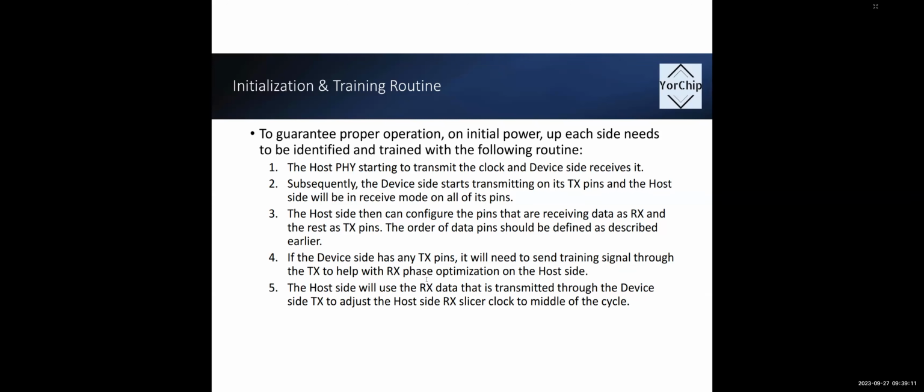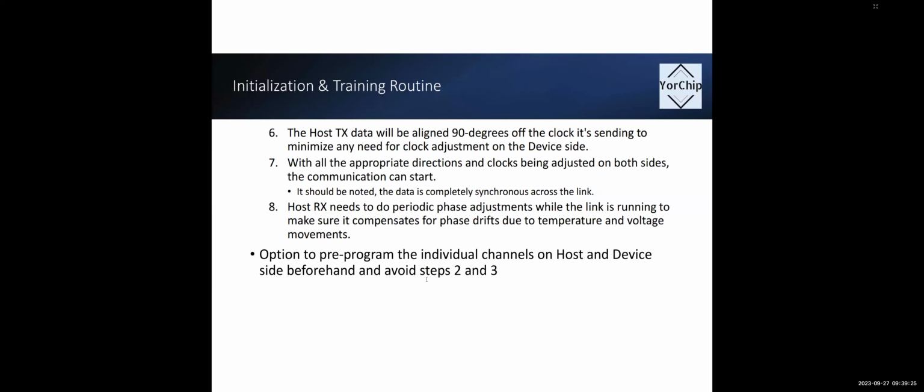I will get through this, but basically in the initialization, our host side will use the RX data to transmit to the device to adjust the host RX slicer clock to the middle of the cycle, which means some sort of phase interpolator will be involved. I have it here that the host side will align the 90 degree of the clock it's sending to minimize any need for clock adjustments on the device side. We're assuming the device side will take care of any mismatch it introduces itself, which is a reasonable assumption.